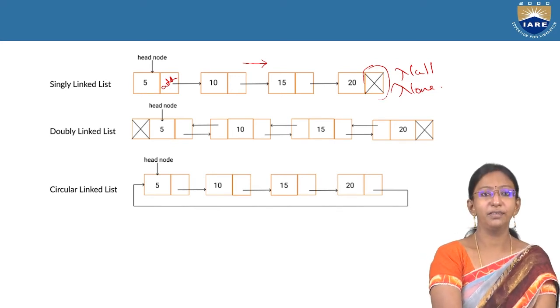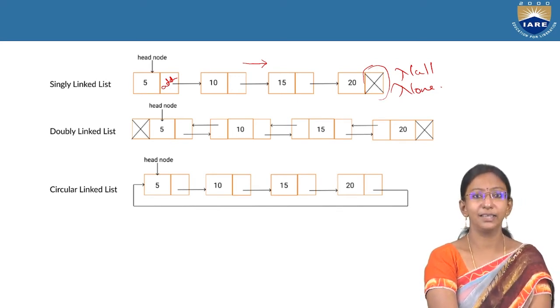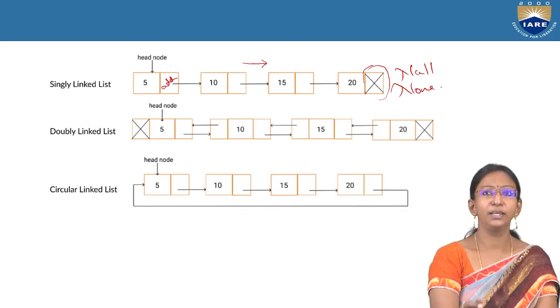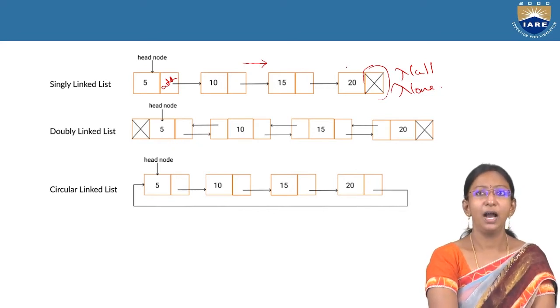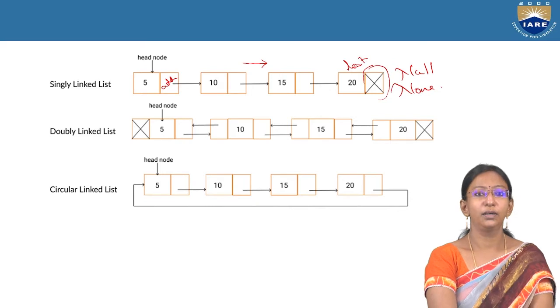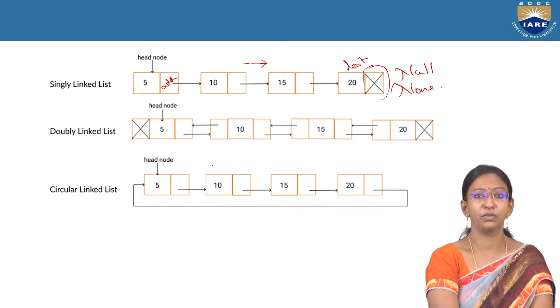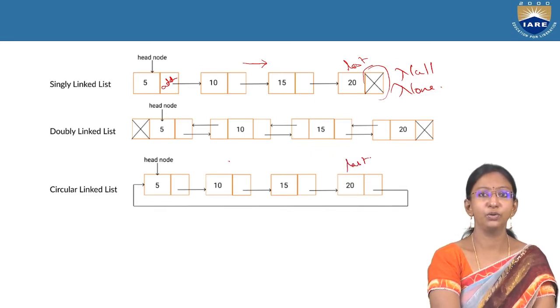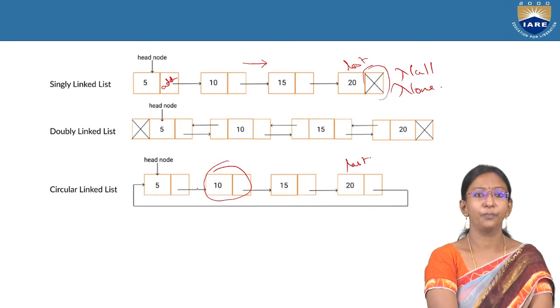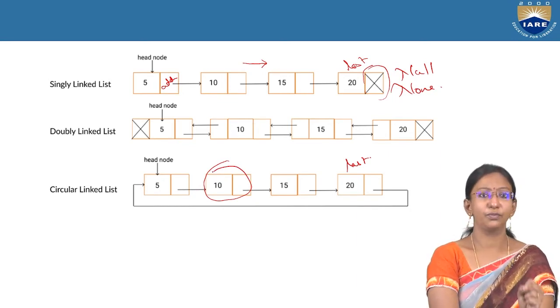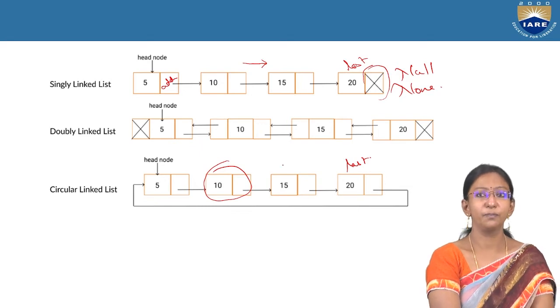So the basic drawback with single linked list is, say you are at the last node and you want to reach the first node, or say the second node. Your current position is at the last node and you want to reach the second node. Rather than going to the start and fetching the address of the first node and taking the hops, you can directly move from the last node to the first node.